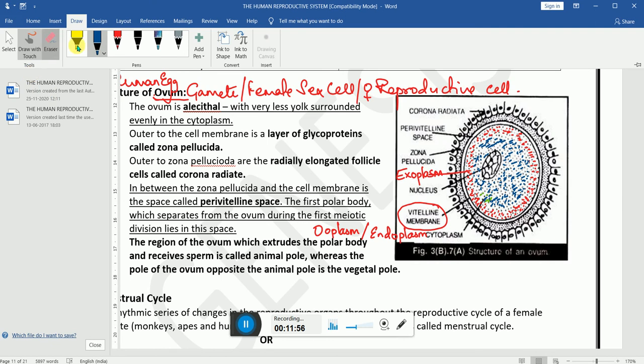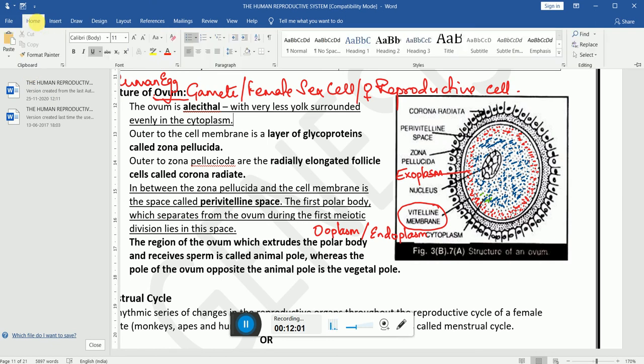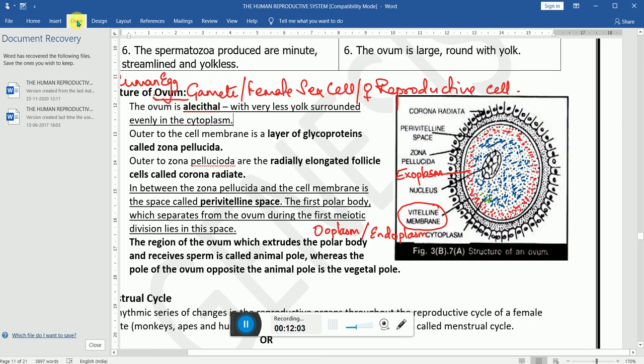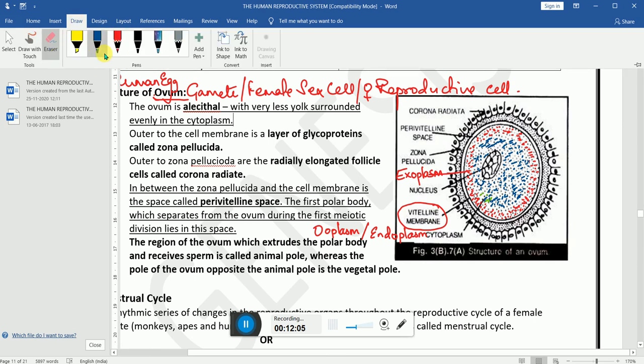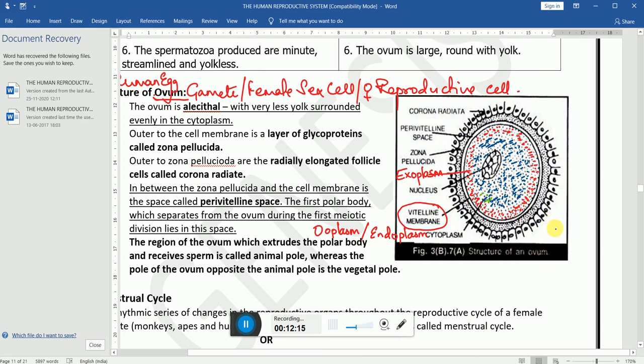If it allows me to do so, if it doesn't allow, then no problem. It is not allowing me at any cost.